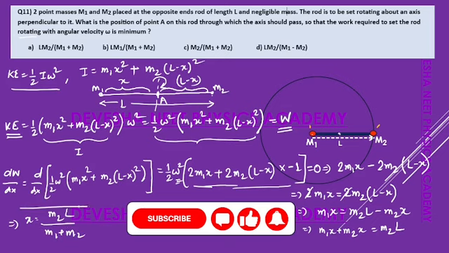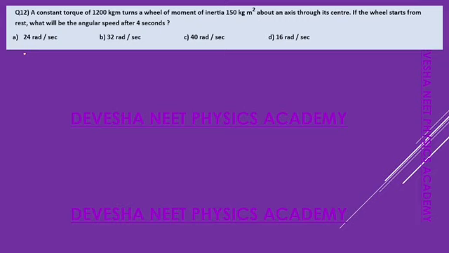So this will be the value of x. So in this question, the answer will be m2 L upon this, so the first option will be the answer here. Let's go to the next problem now.